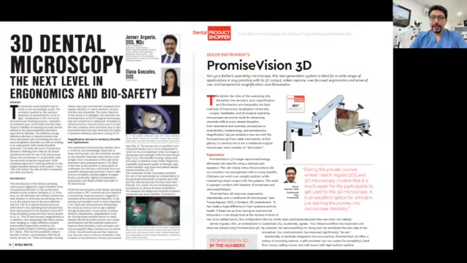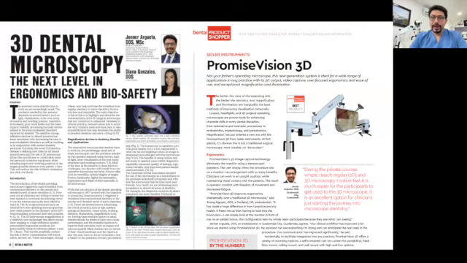If you would like to read any of these articles, just let us know and we can share these articles with you. And the last one that we published was published in the Roots International magazine, and we made a comparison between the fine motor skills while the clinicians were using the regular and the 3D microscope.